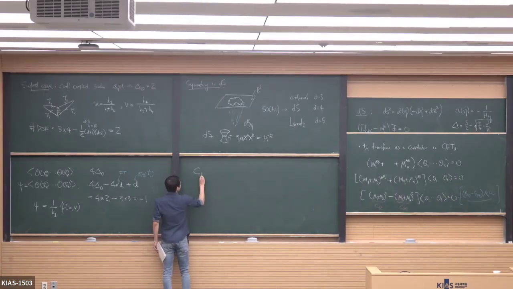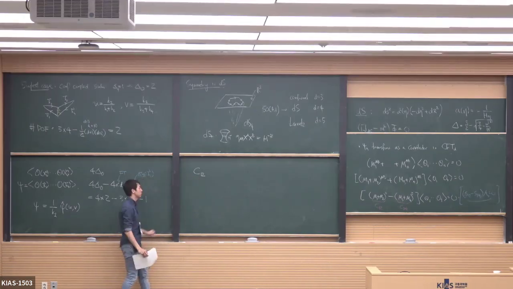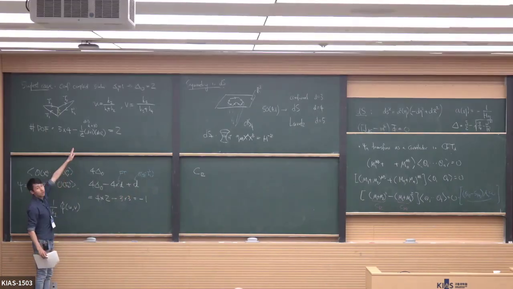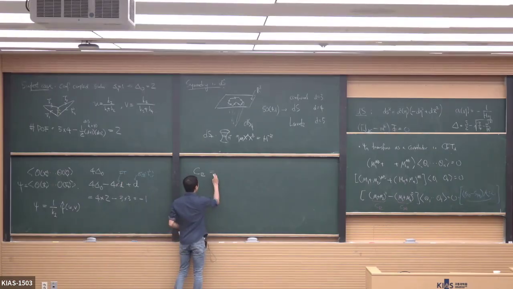All right. So we want to represent this C12, the Casimir operator, in terms of the momentum variables, in particular in terms of these U and V variables. This is an exercise you can do, and let me write down the answer.